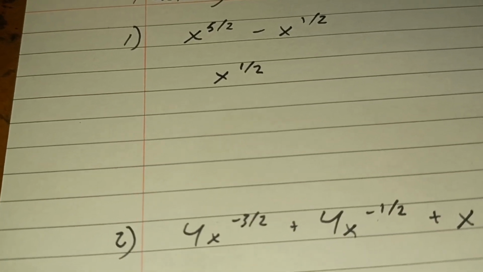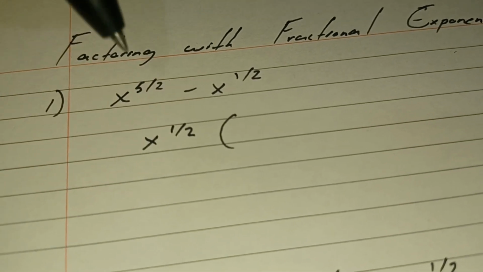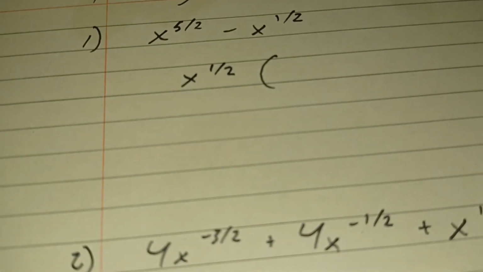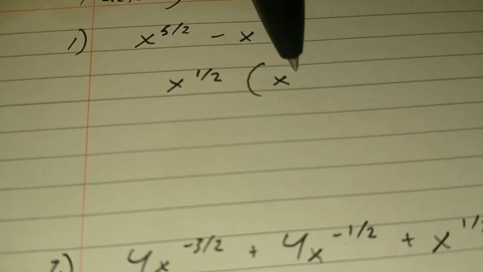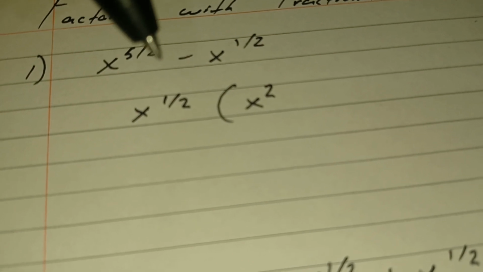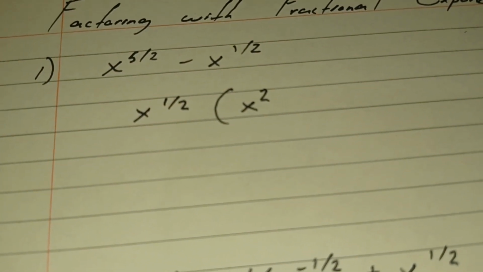And then we can take 1/2 out of 5 over 2, and that is going to give us x to the second power. Why? Because 5 over 2 minus 1/2 is 2.